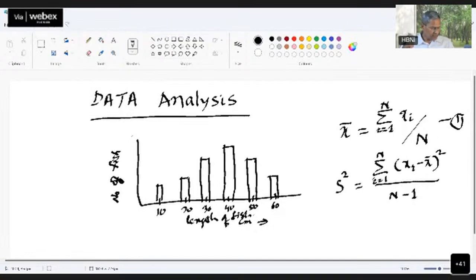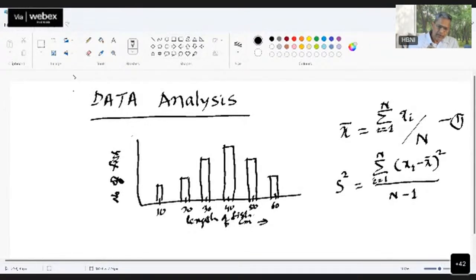Statistics will help us to deal with measurement error, and to describe distributed quantities like I showed in this plot, to express them in fewer variables, and also convey better. That is what we use statistics for, in particular in experimental physics.